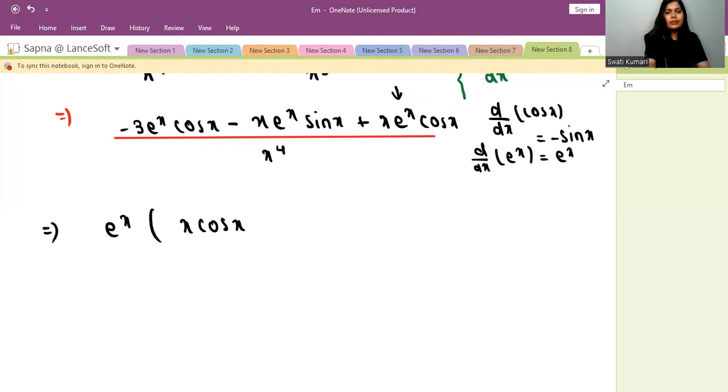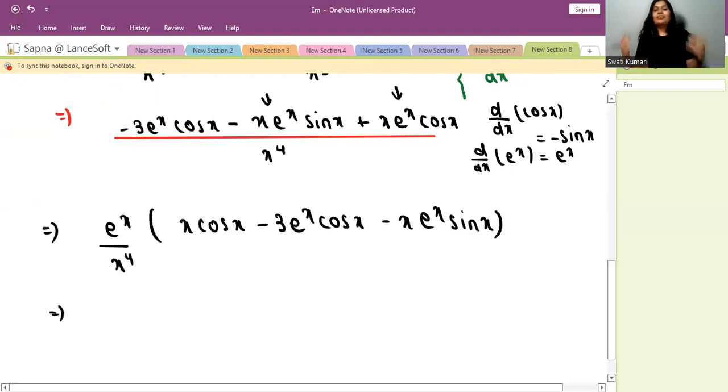And then here also this is cos x. So we can write this now, minus 3 e raised to x cos x. And the last term is minus x e raised to x sin x. And then we can close our bracket, and then upon x raised to 4, of course.